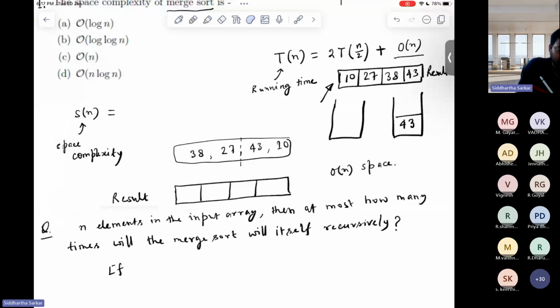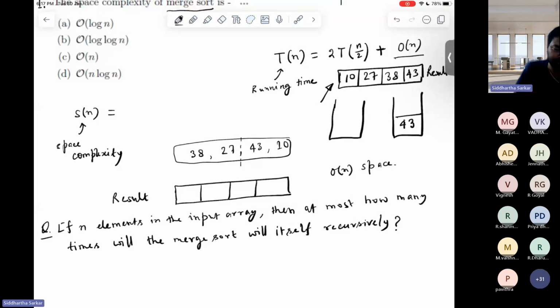Why is it log n? Because we keep on dividing things into two halves. So let us assume that upon reaching a depth of say k, we find a value such that 2 raised to the power k becomes equal to n. So then k becomes equal to log n. That is correct.